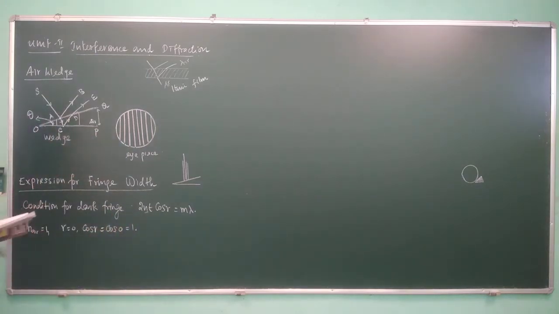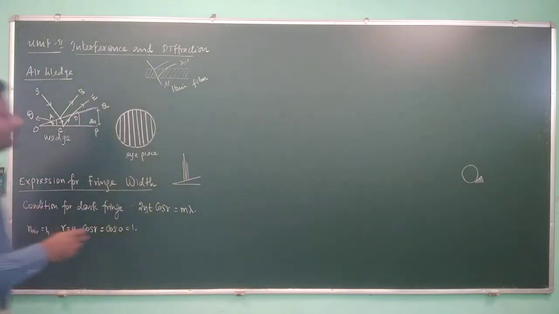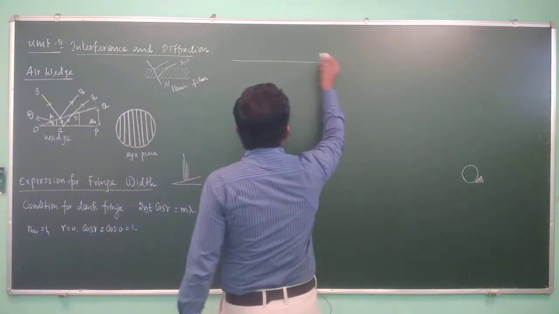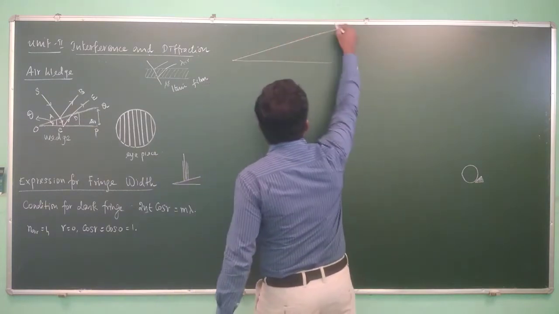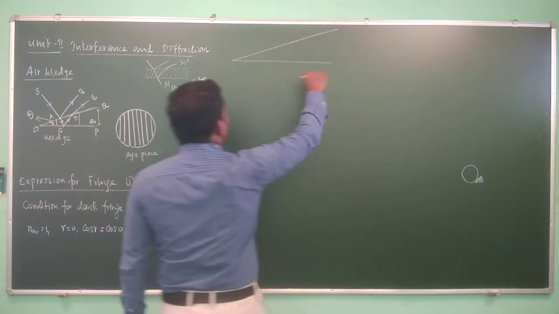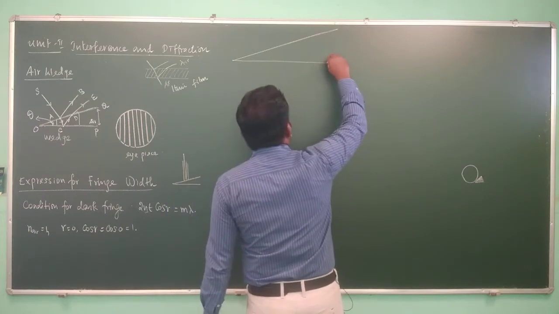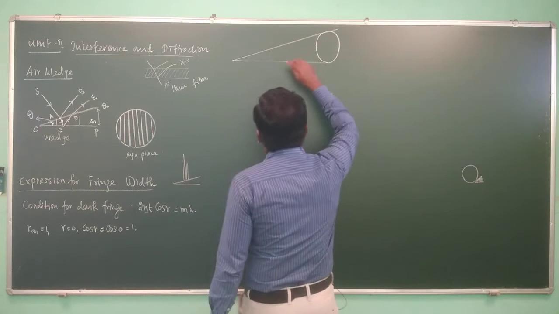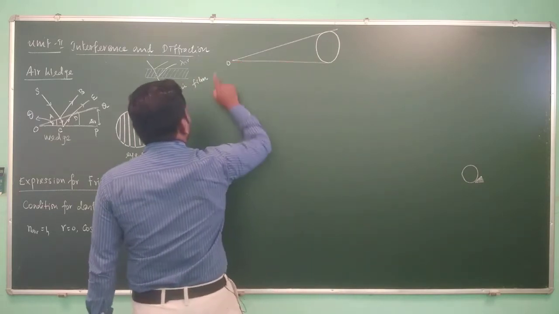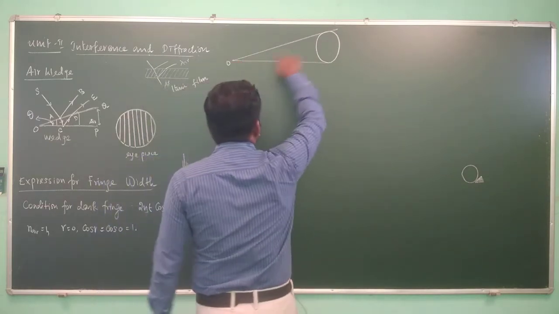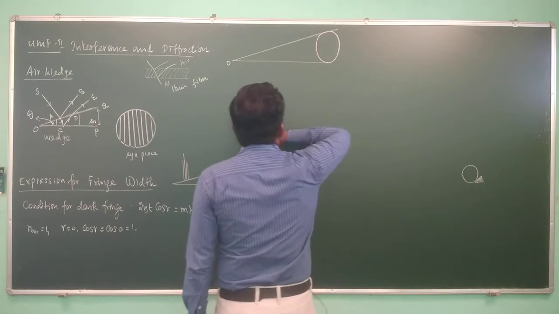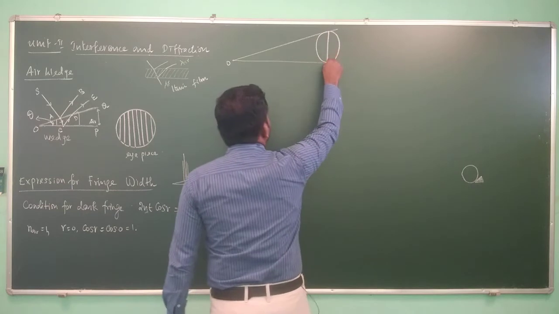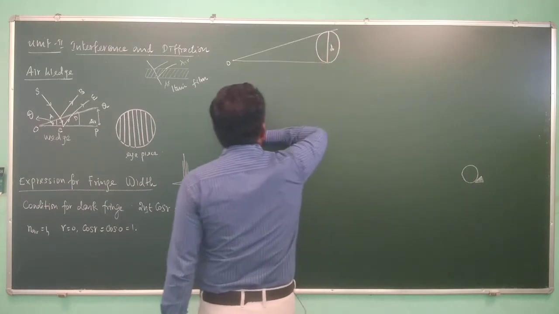Now, see, let's consider this air wedge. We have created an air wedge, and we are putting a circular material. On one side, at the origin, two thin glass plates are joined. On the other side, we have a circular material as a support. Now the thickness of this material, you can say, is d at this point.